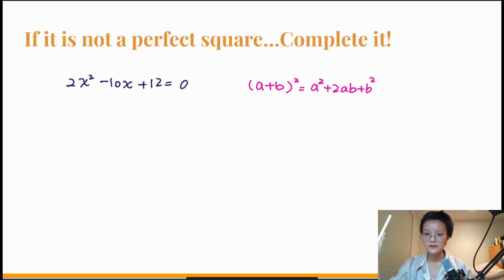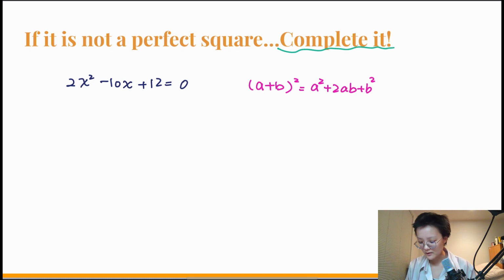What if there isn't a perfect square? What could we do? One thing we can do is complete the square. As a reminder, here is the formula on how we expand the square of (a plus b). And we could somehow apply it to this equation on the left-hand side.